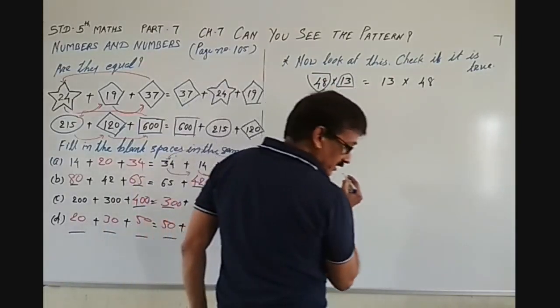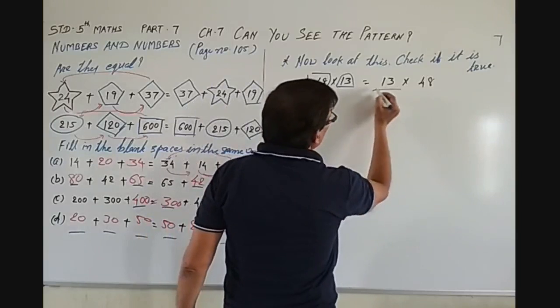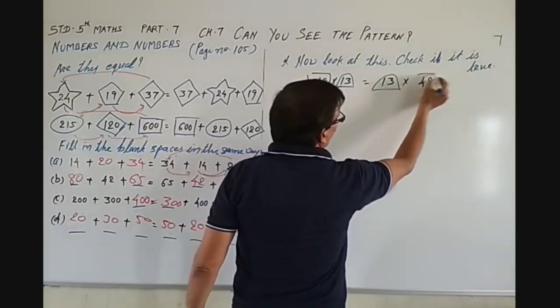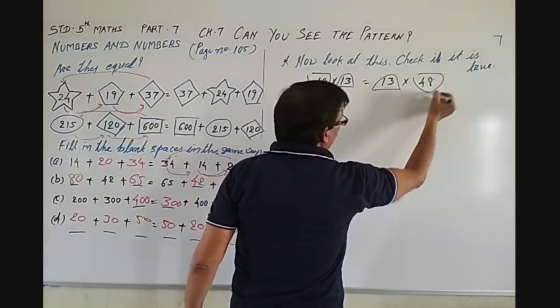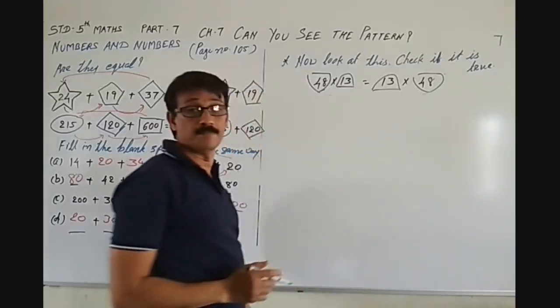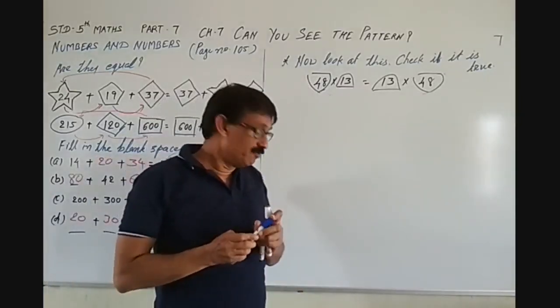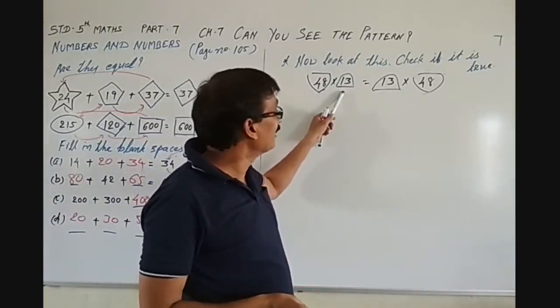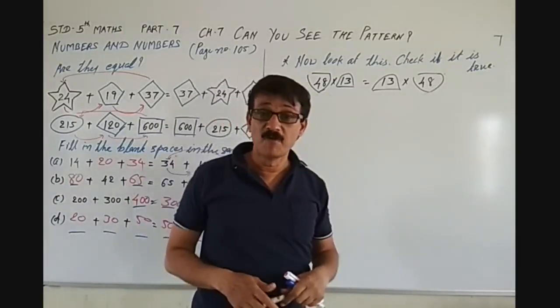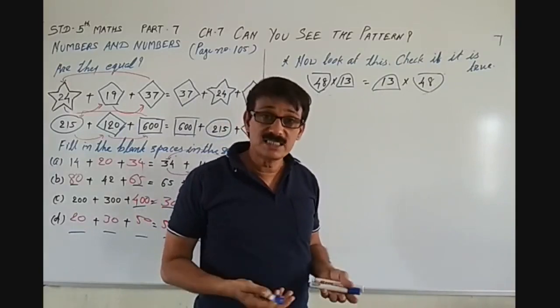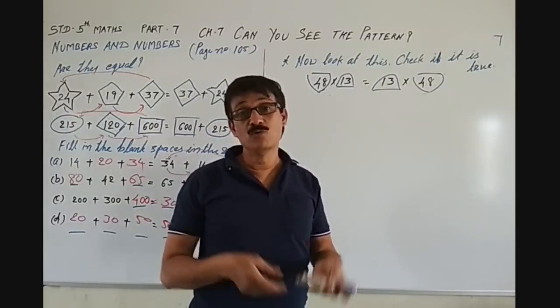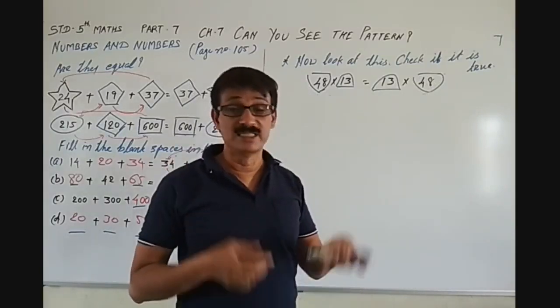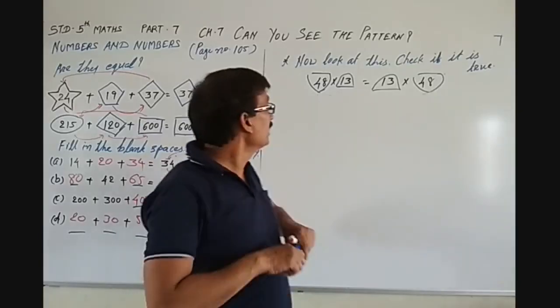Okay, so once again 13 is in this manner, 48 in this manner. Now what we want to see is whether 48 multiplied by 13 is equal to 13 multiplied by 48. Let's see, and for that we have to go for the multiplication only, then we will come to know.